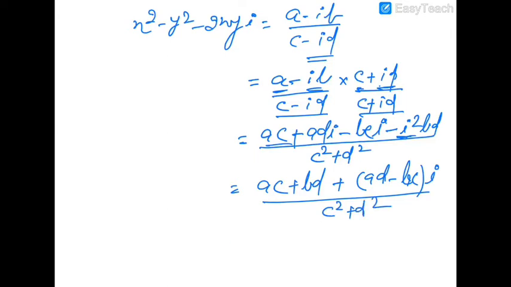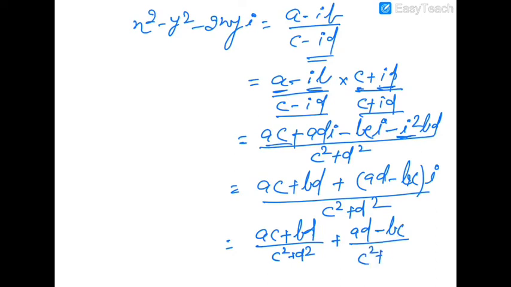So this can be written like this also: (ac plus bd) upon (c square plus d square) plus (ad minus bc) upon (c square plus d square) into i. This is the value of x square minus y square minus 2xyi. Now we'll compare.